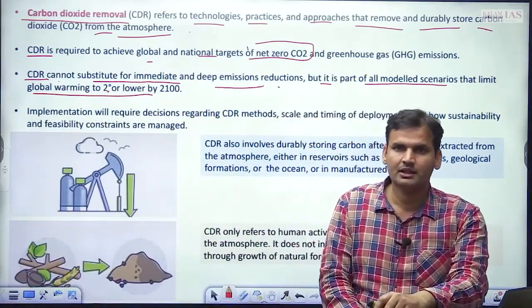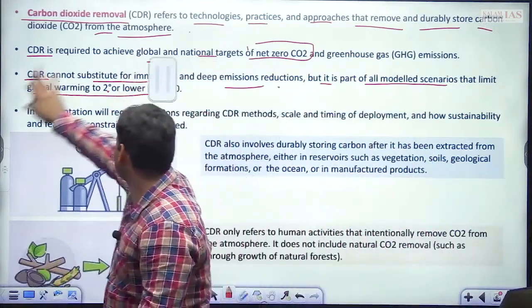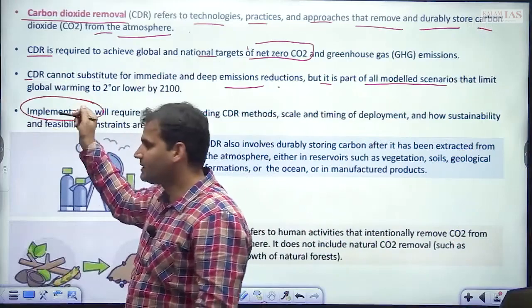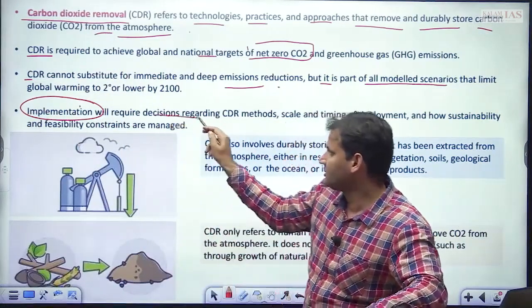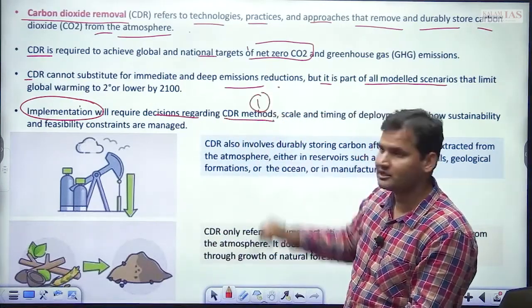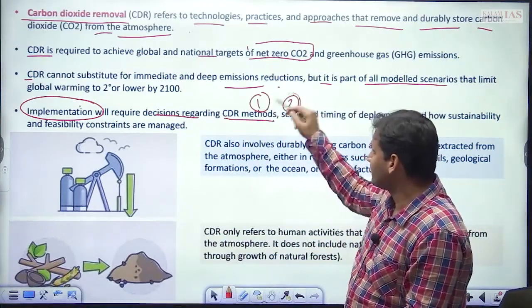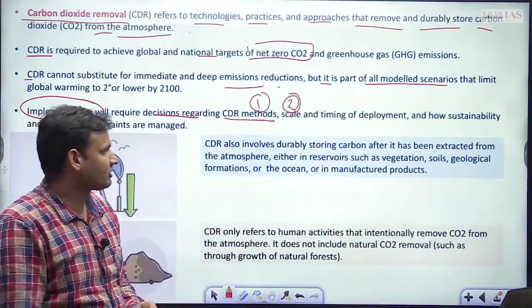as agreed in the Paris Climate Agreement. The implementation of CDR or CCS would require decisions regarding the CDR methods: which method will be employed, and at what scale. What would be the scalability of the particular technology?